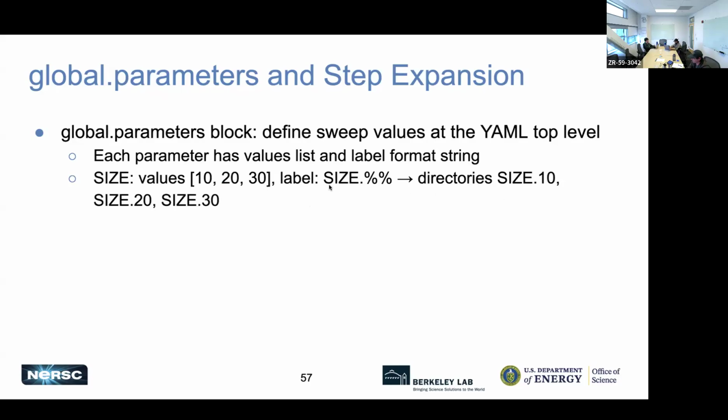And the formatting for doing that, you have this percent sign, which is used to actually substitute in the value. And that gives you the string that you put inside the $ sign format for when you want to actually refer to a particular step somewhere else in the workflow. So if you have a later task that you want to be dependent on the completion of size.20, then this is how it gets constructed that you can refer to that.